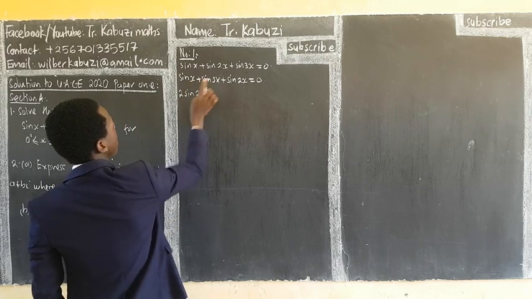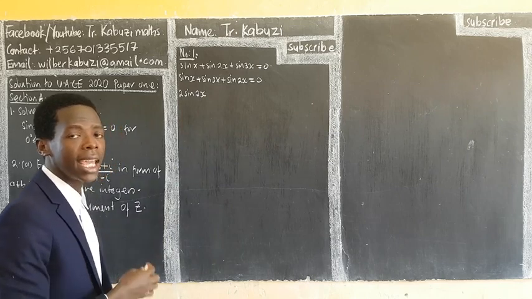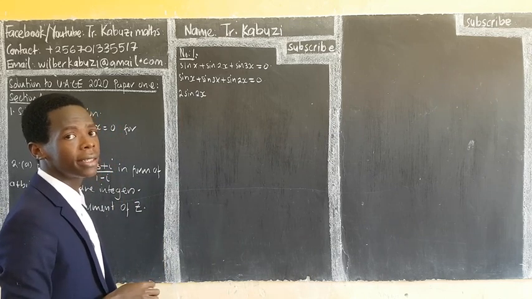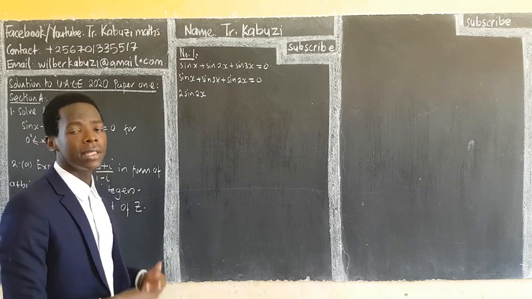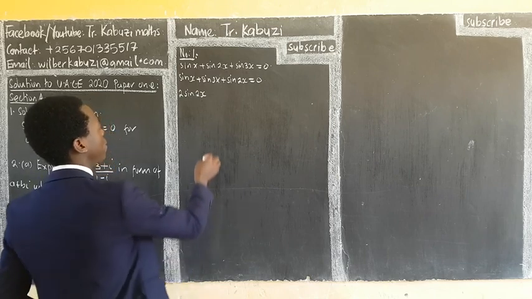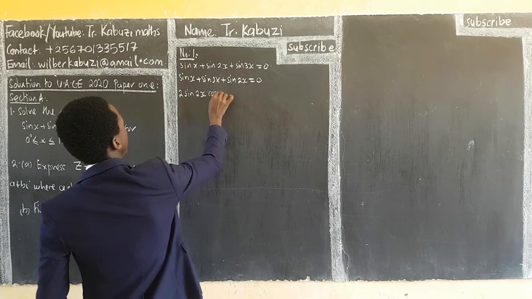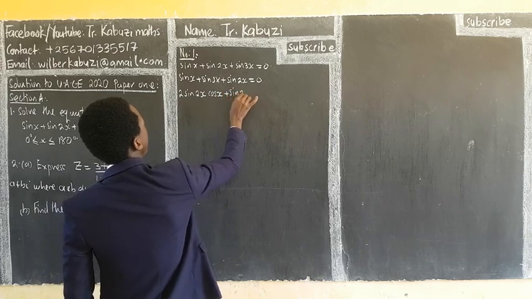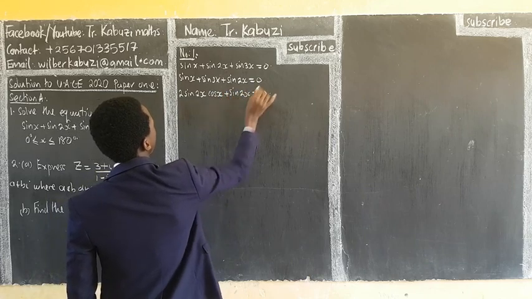Then we get this minus this, which will be negative 2x divided by 2, which will be negative x. But remember, cos of a negative angle is the same as cos of a positive angle. So that's why this one is going to be like that. Then plus sine 2x equaling 0.